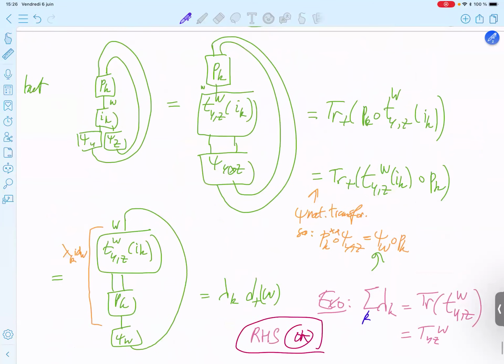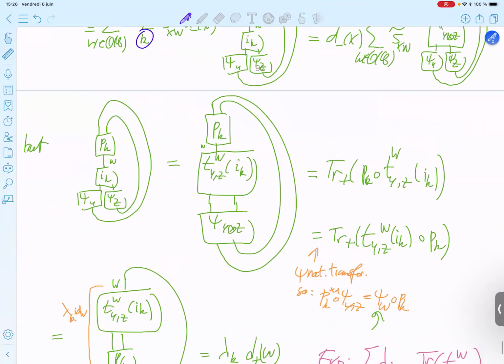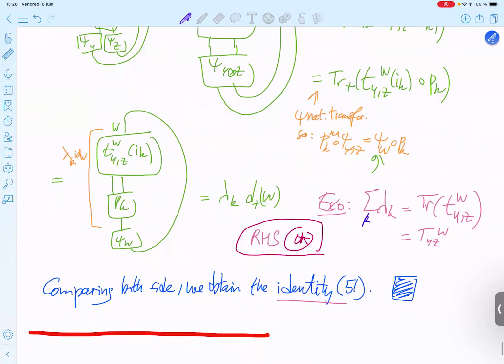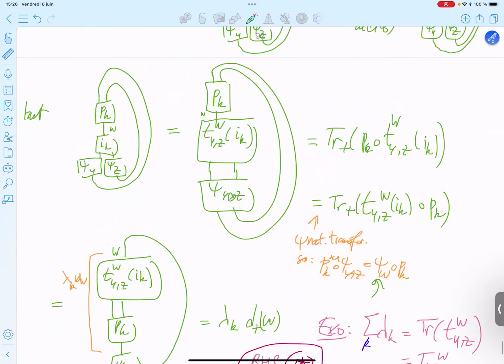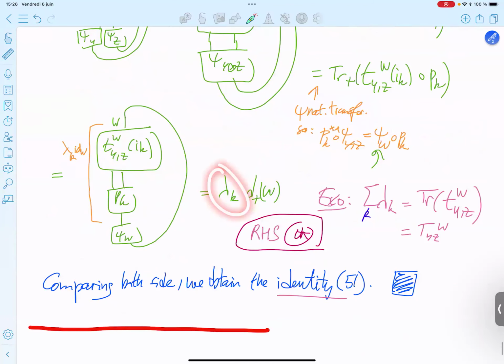And so you make this sum here, you get this, you can put it out, so you get this sum, this is just trace.